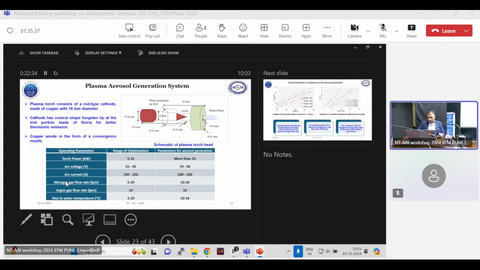So these are the typical properties and specifications of the plasma torch. It has a capacity of 25 kilowatt, and the arc current ranges from 100 to 250 amperes, and the potential is around 50 to 100 volt. Then it can work at 5 to 20 kilowatt.